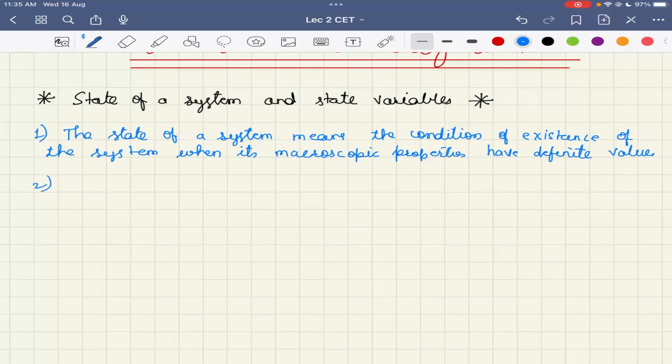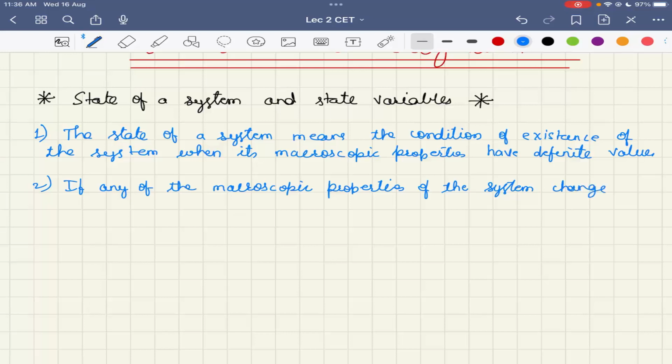The second is, if any of the macroscopic properties of the system changes, then the state of the system is also said to change.